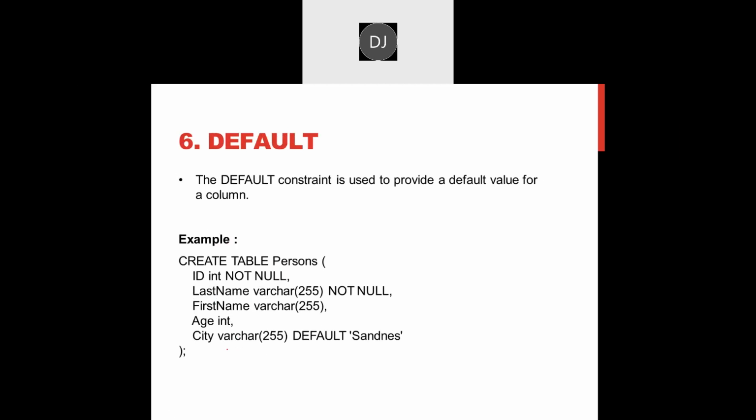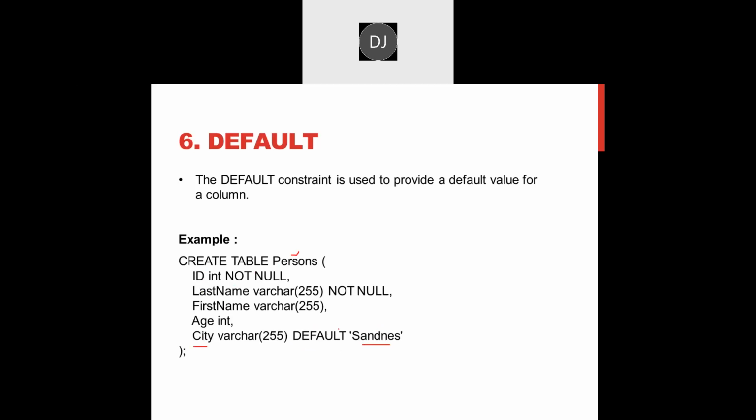And default is like, say, for a particular field you want to set the default as Sandnes. Here they are creating a table person with 5 fields, with city also. For the city we are saying the default value, I wanted to give as Sandnes.